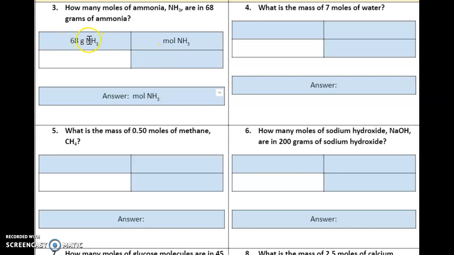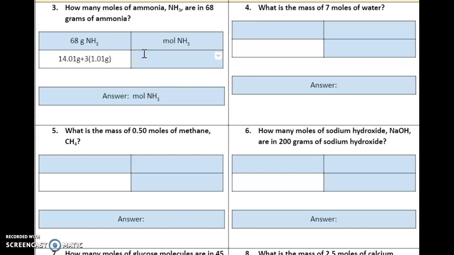So we need to find, using the periodic table, the molar mass of ammonia: 1 nitrogen and 3 hydrogen. Nitrogen is 14.01 grams and hydrogen is 1.01. There are 3 of them, so we multiply by 3.